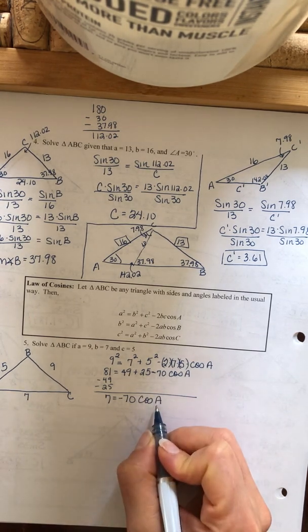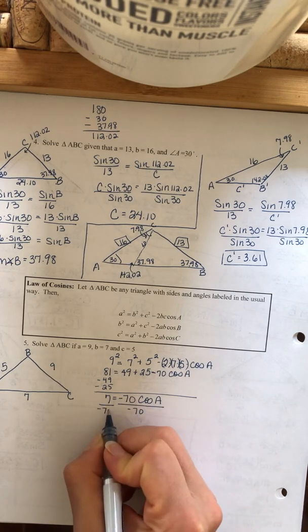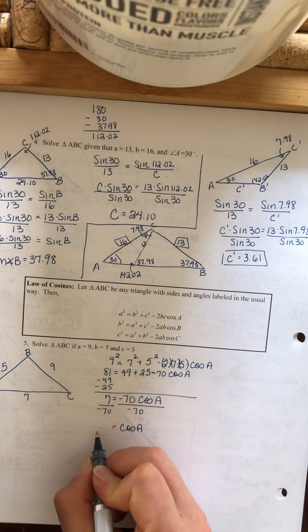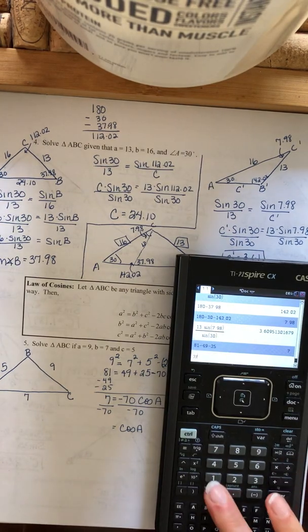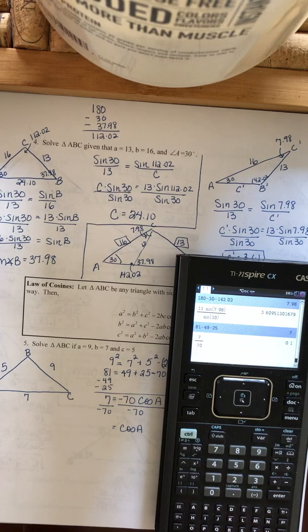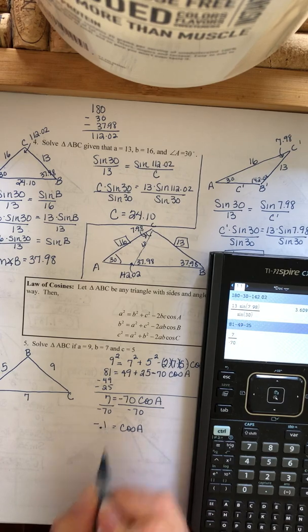Okay, so solving for cosine of A, now I can divide through by negative 70. So I have cosine of A is equal to 7 over negative 70, so negative 0.1, or I could say it's negative 1 over 10, up to you. So I'm going to have here negative 0.1.